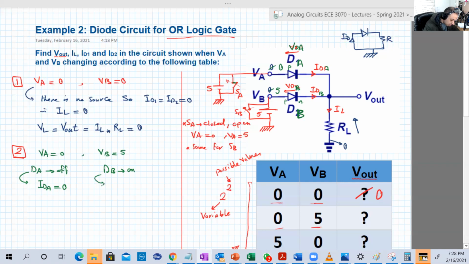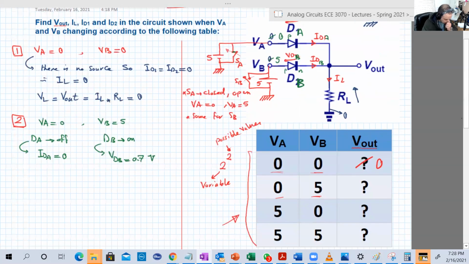And if DB is on, then VDB is 0.7 volt. If DB is 0.7 volt, that means, remember, VDB equals the voltage of the B side, which is VB, minus the voltage of the N side, which is V out.